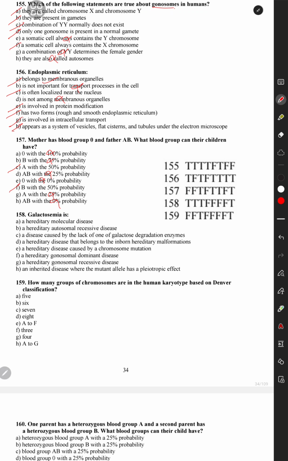Mother has blood group O and father AB. False, false, true, false, true, true. O with 0% probability. AB with 0% probability.